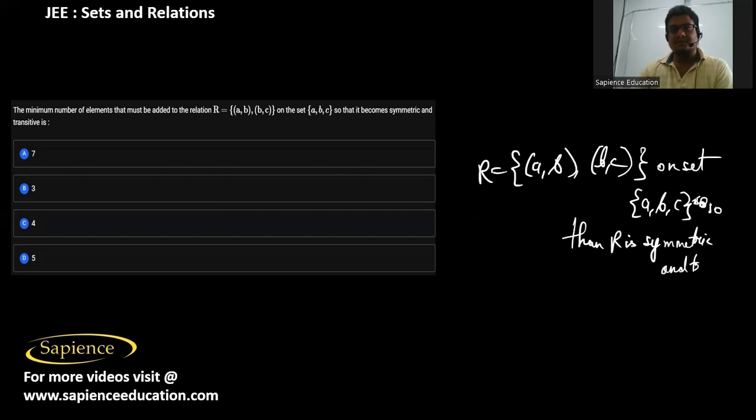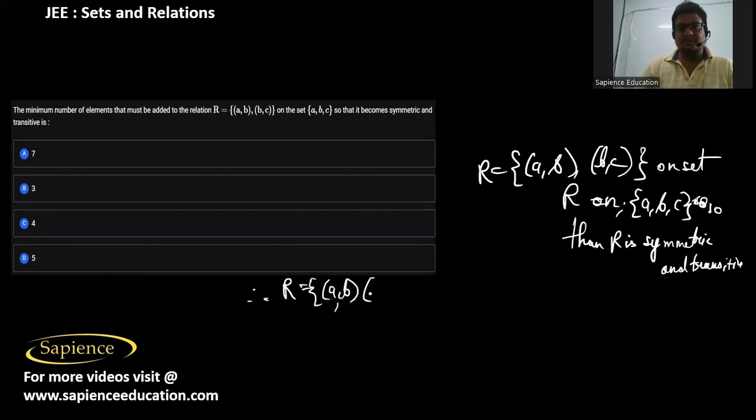That we have to find out: how many elements should be added. So in R, we have A comma B and B comma C.